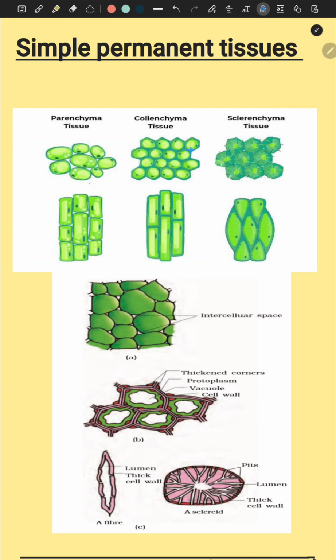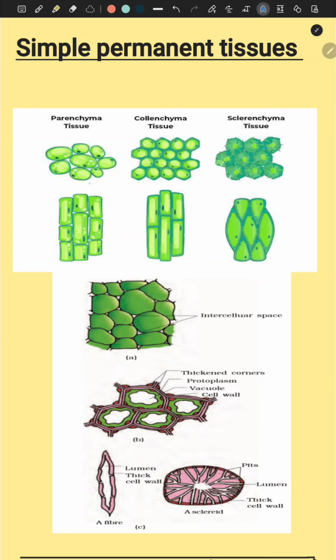The collenchyma tissue also has a vacuole inside and a nucleus. Some collenchyma tissues have intercellular spaces but some of them don't.